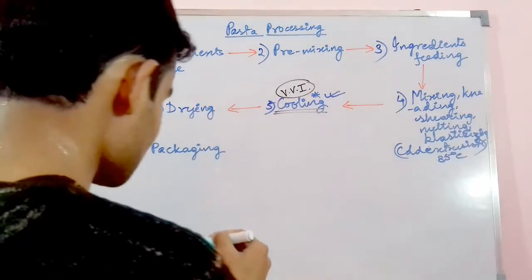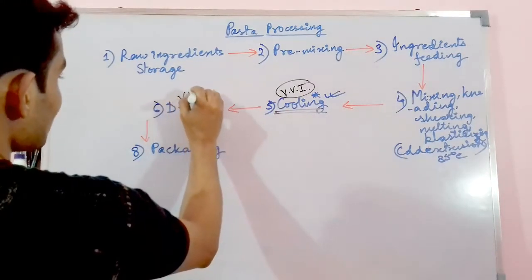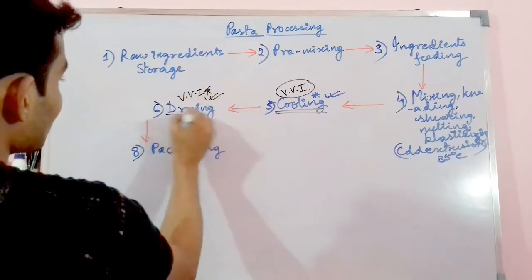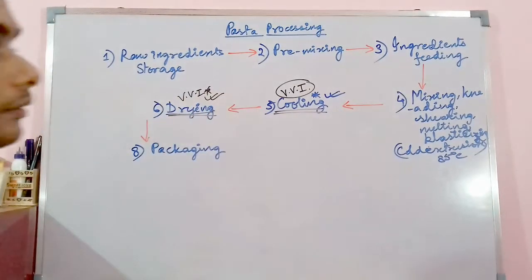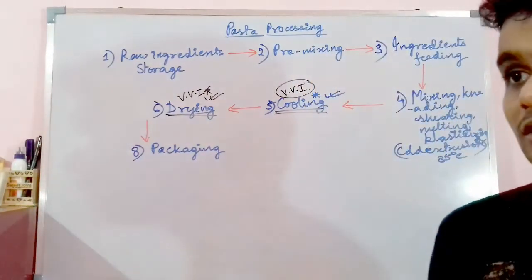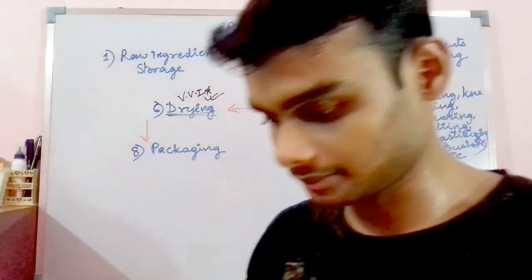The drying is very much necessary, because this is also a very important step. If drying is not done, then the non-sticky property or the dryness of the pasta would be lost.